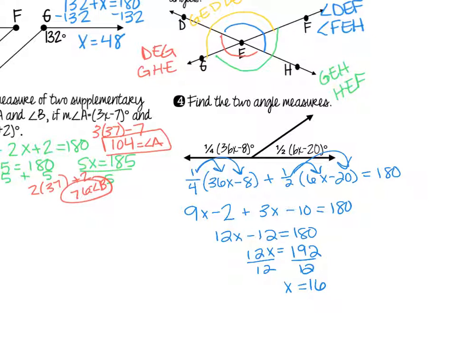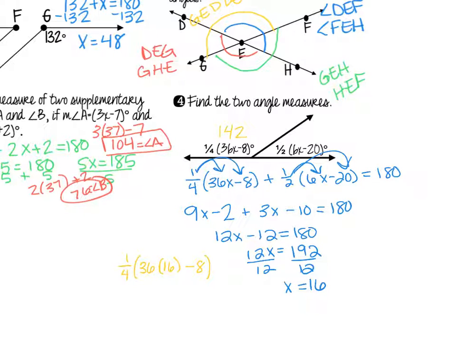However, it asked me to find the angle measures, not just x. So when I plug it back in, I'm going to have 1/4 times 36 times 16 minus 8. So 36 times 16 is 576 minus 8 is 568 times 1/4 is 142.